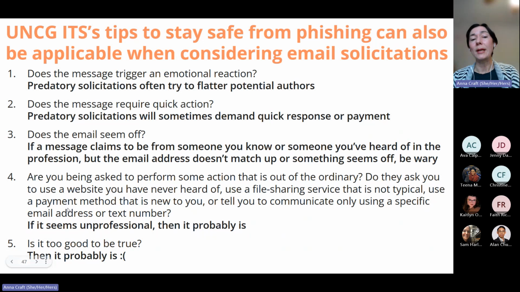Something might seem just kind of off. It might claim to be from someone that you know or someone you've heard of, but maybe things don't quite match up. And this kind of out of the ordinary thing. If the website doesn't seem right, if the file sharing or the payment seems not quite right or unprofessional, it probably is. And is it too good to be true?